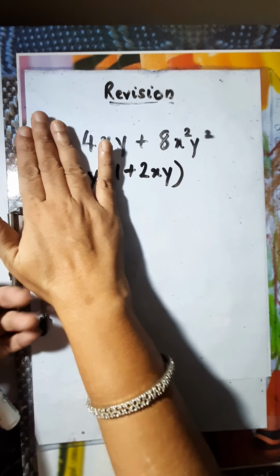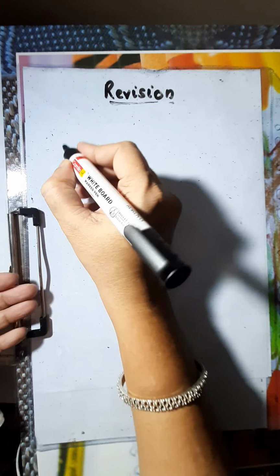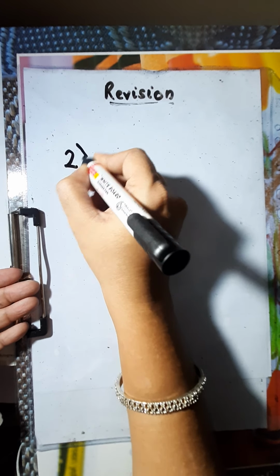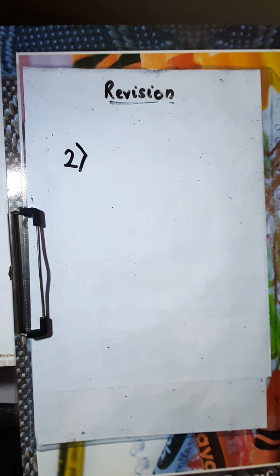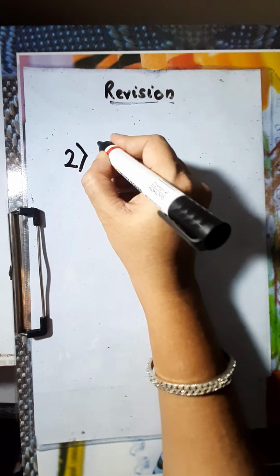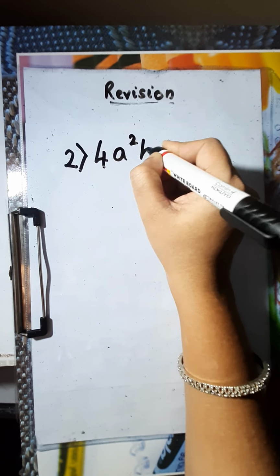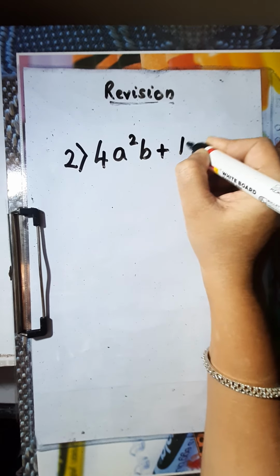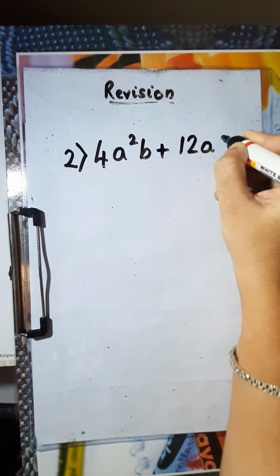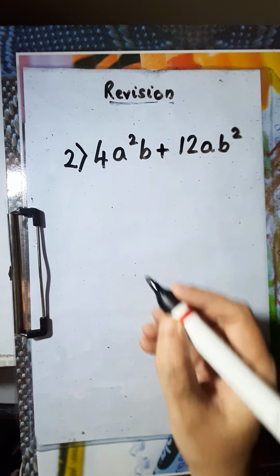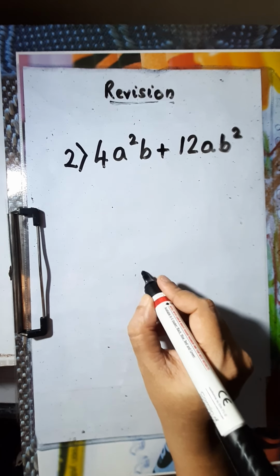Now I'll show you the second sum. I hope you have written this question out. It is 4a square b plus 12ab square. This is the question I have given you. Now see, I am showing you in a still better way.